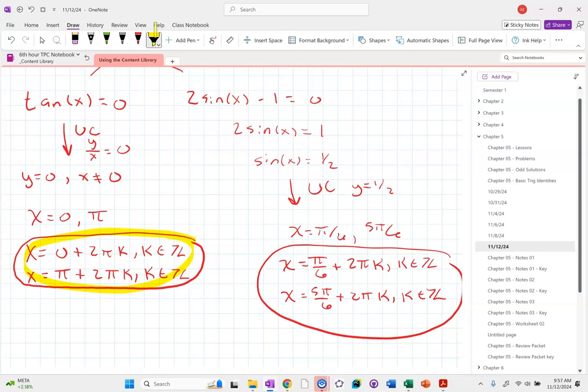What do you notice there? If I put them together, I'd have 0 pi, 1 pi, 2 pi, 3 pi, 4 pi, etc. So a simpler way to write this would be that I just write it as x equals pi k, where k is an integer.